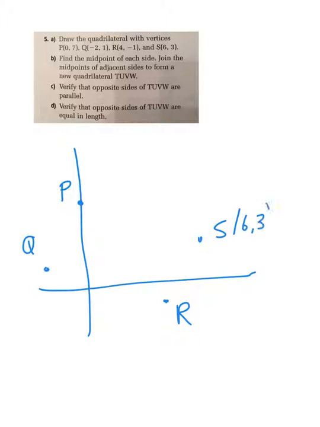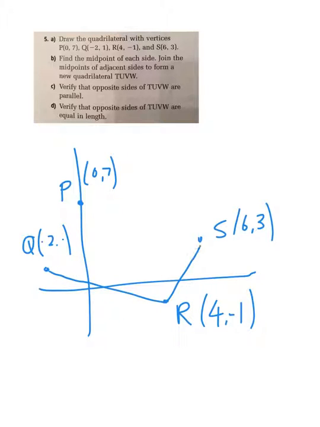So 6, 3, 4, negative 1, 0, 7, and this one is negative 2, 1. I'm going to join those four sides together. And we get a quadrilateral, of course.